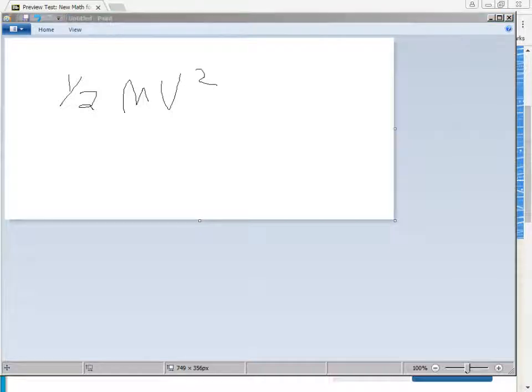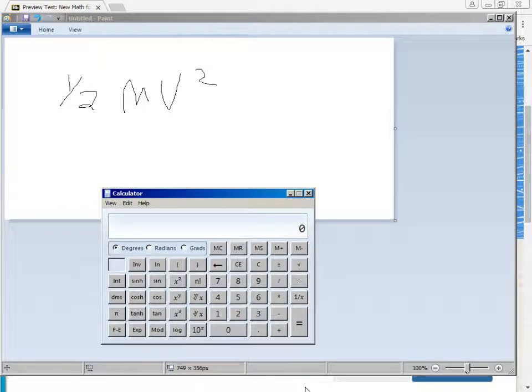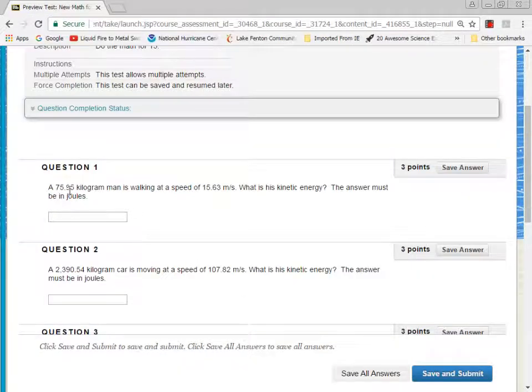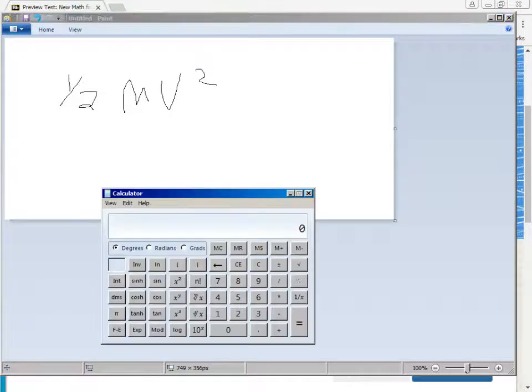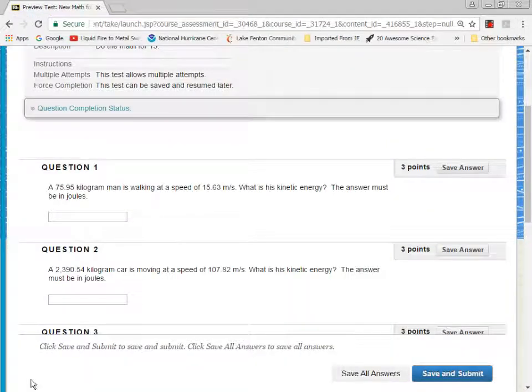This is what it's going to look like on a calculator. A kilogram is a mass, and this is speed with direction, so we call it a velocity. We're looking for kinetic energy, so 0.5 times your mass times velocity squared. Due to the distributive property, you can do either one first because it's simply a multiplication problem.